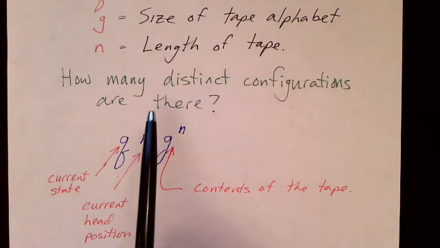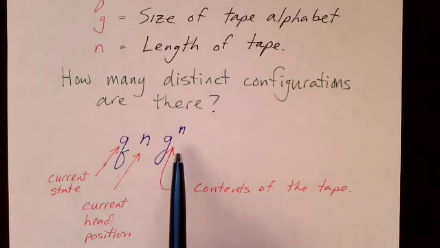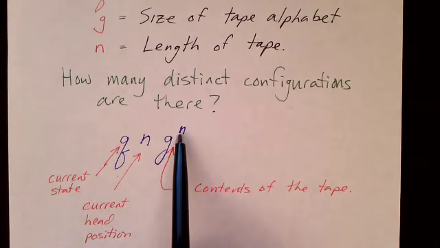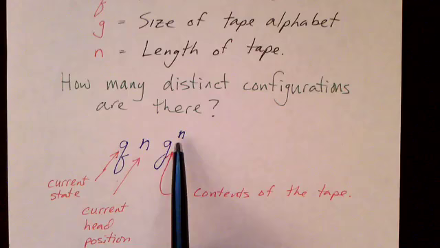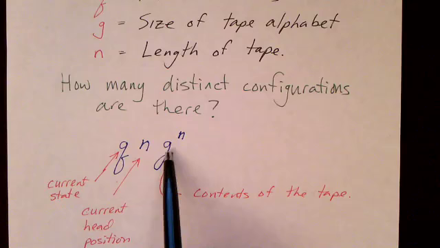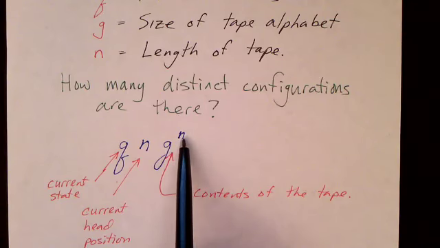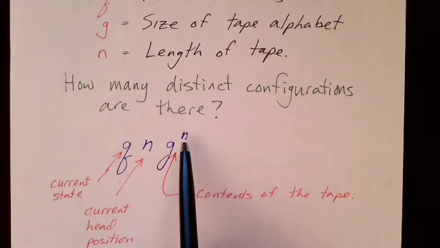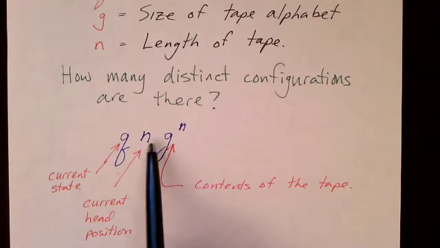N is the length of the tape. And the contents of the tape, well, we've got N cells in the tape, and each cell can contain one of G possible alphabet symbols. So G to the N is the number of possible tapes. Combining all these things, multiplying them together, we get Q times N times G to the Nth power.